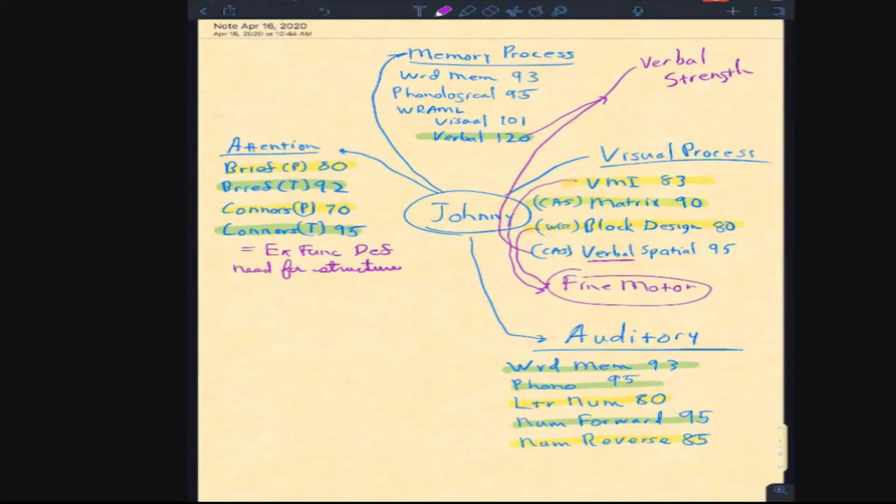Yeah, Lorraine, you're absolutely right. We could be looking at a working memory issue, because the letter number requires us to have both numerical and alphabetical knowledge and to bring that into short-term memory. And number reversal just requires us to hold all those numbers and say them backwards.